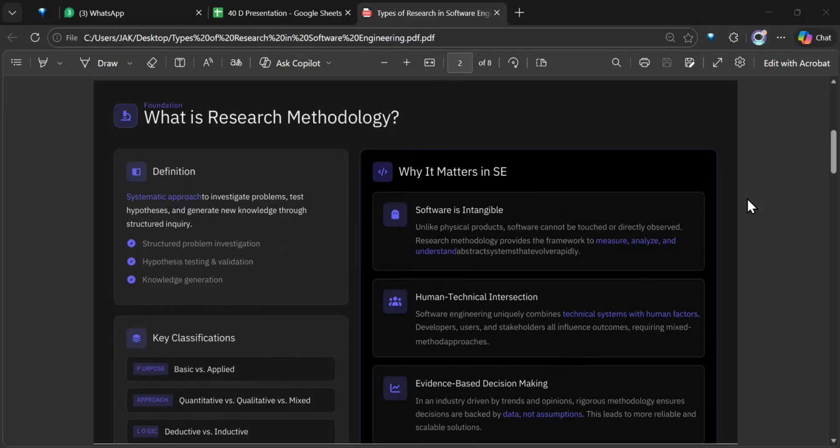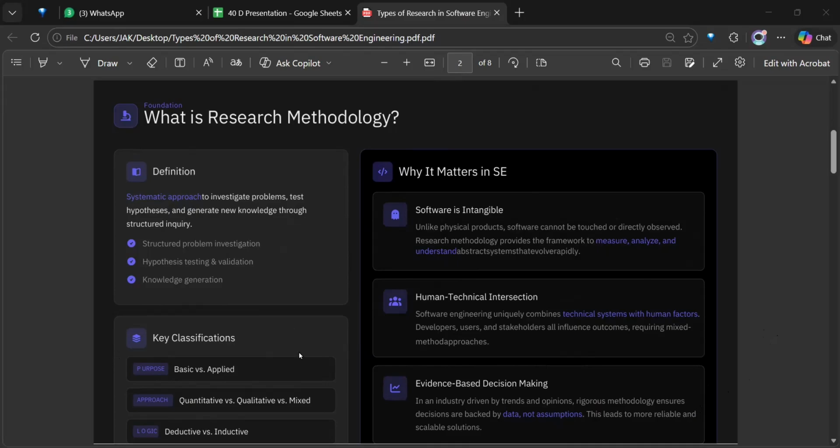Developers, users, stakeholders all shape outcomes. And third, in an industry often driven by trends and opinions, rigorous methodology ensures our decisions are backed by data, not assumptions. So research in SE is generally classified by purpose, approach, and logic.